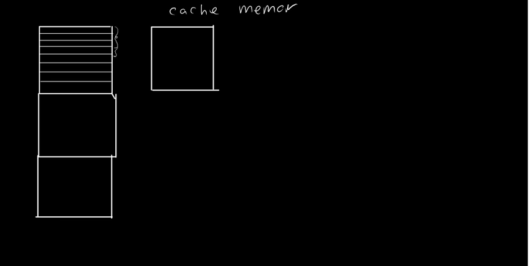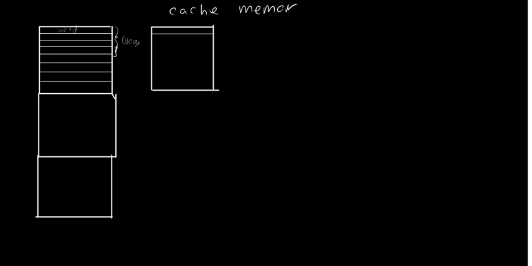It's usually in powers of 2. We have memory addresses, and the data they store is called a word, and those words are then grouped in powers of 2 into something called blocks.